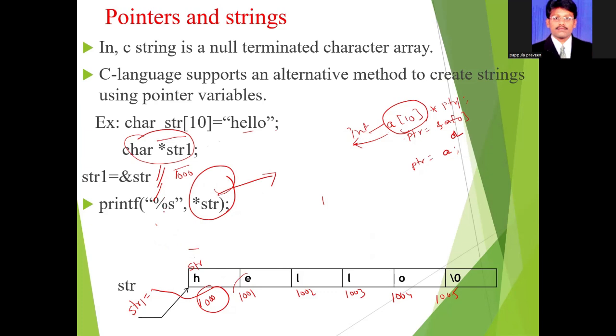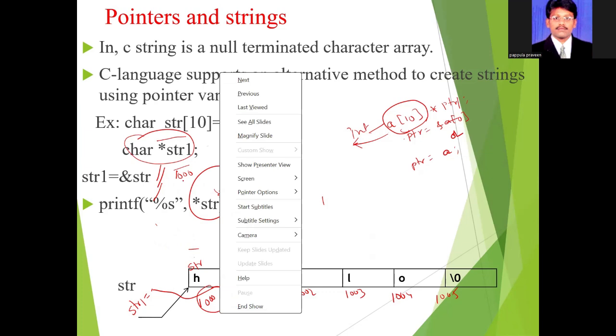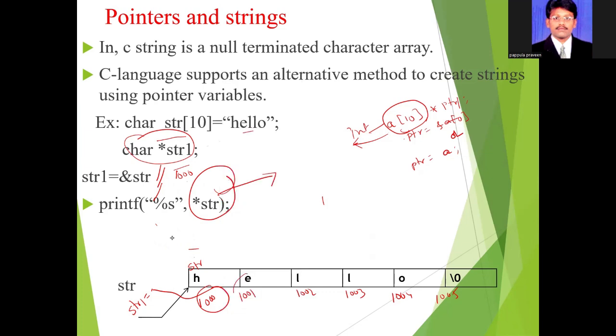We take str equal to hello, and the str base address is 1000. So star of 1000 gives the character, and we increase the address to 1001, because an array is a collection of similar data items.